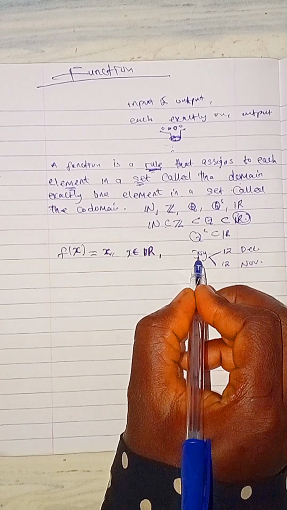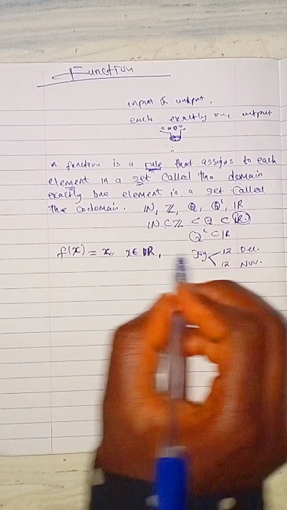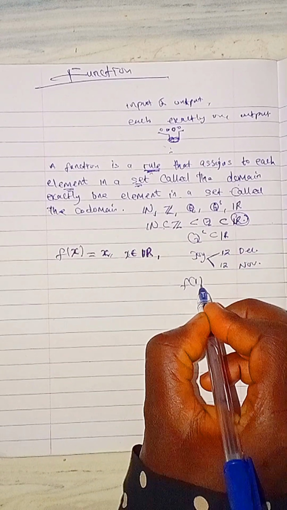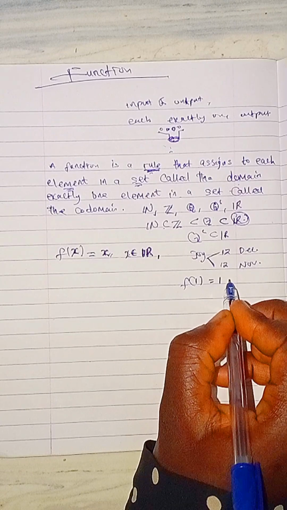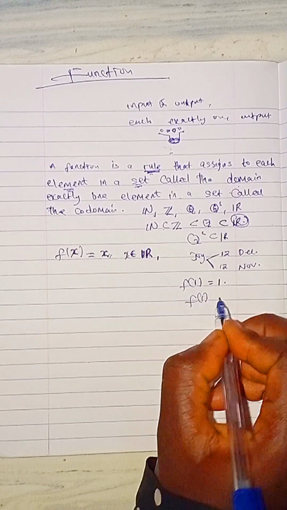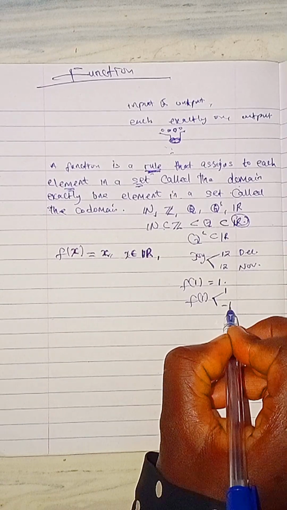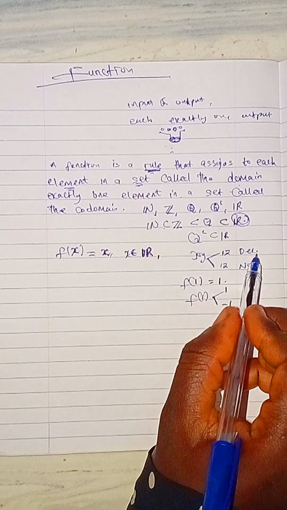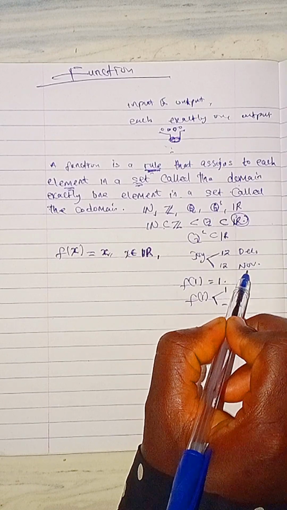For f of x, Joy is born on 12th December. So f of 1, if I put 1, there is no way f of 1 will be 1 and also minus 1. There is no way Joy will be born on 12th December and on 12th November.